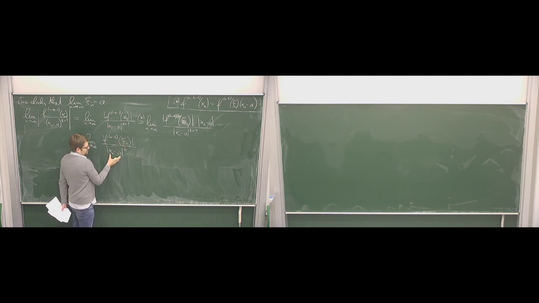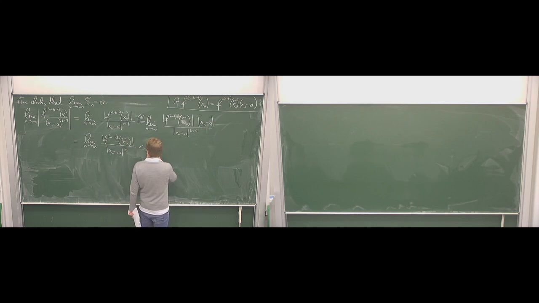So the difference of x_n and a, |x_n - a|, is always bigger than or equal to the difference of psi_n and a, right? Because this is just in between. So we make the denominator smaller if we replace x_n by psi_n, which means that the whole fraction will become bigger.